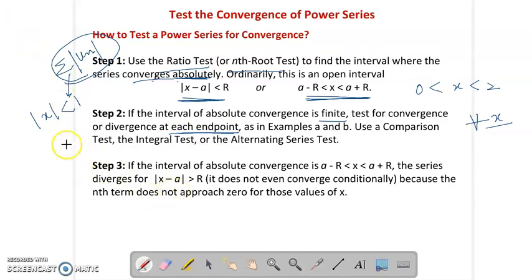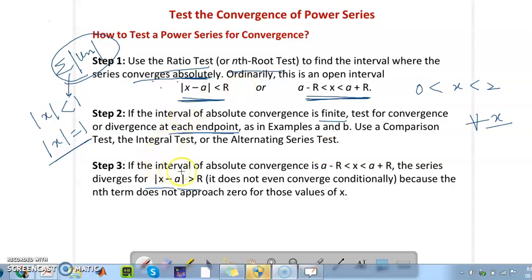Then we said, okay, now we see the convergence at mod of x equals 1, meaning we consider the endpoints separately. So we see the convergence or divergence at the endpoints. You can use the comparison test, integral test, alternating series test, whichever test you think is applicable, you can apply. Second step done.